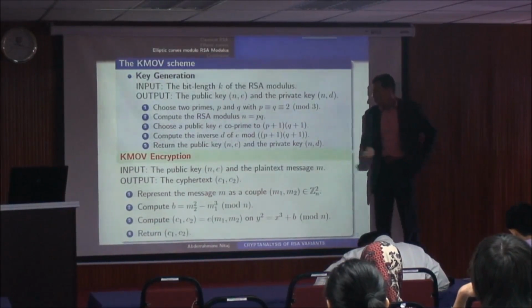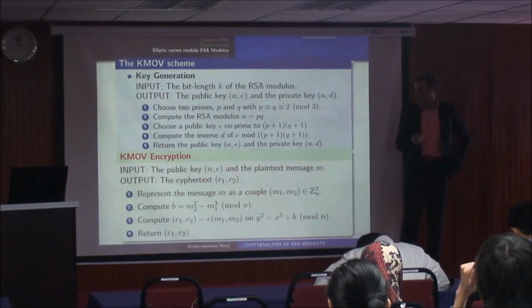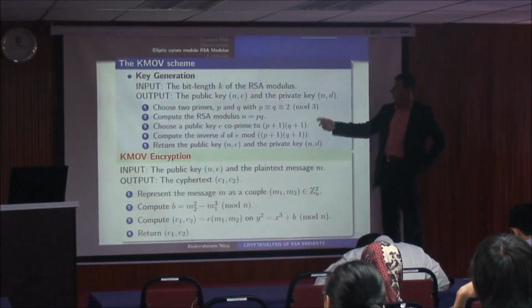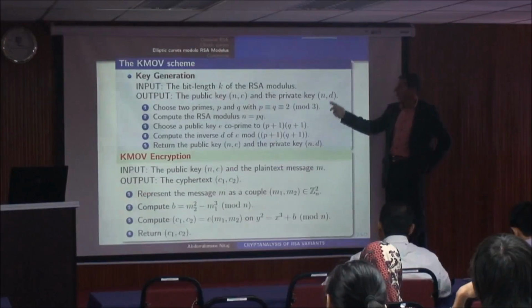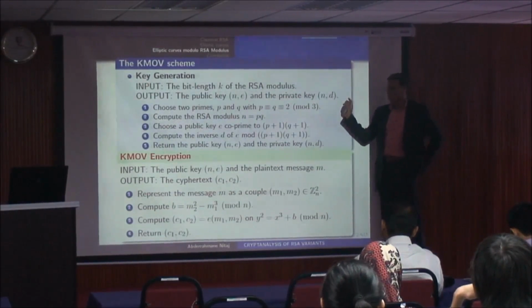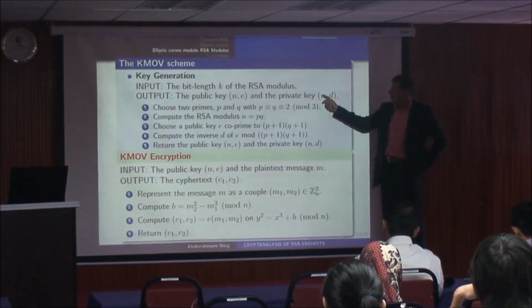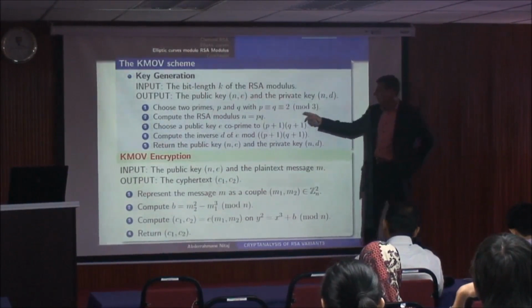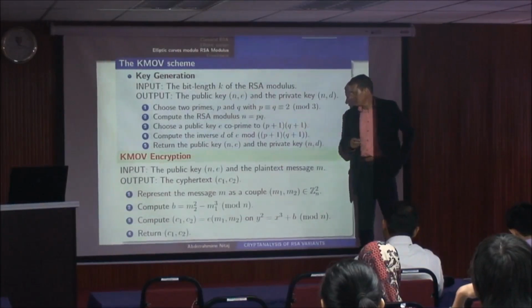Now, how to use this for encryption? So you can see that there is no elliptic curve in the generation. In the generation, there is no elliptic curve, only parameters for n, for E, for T.